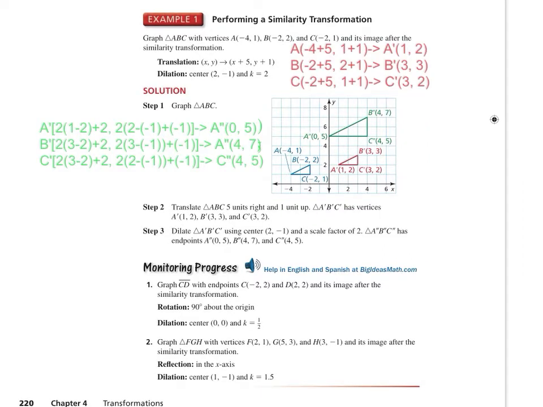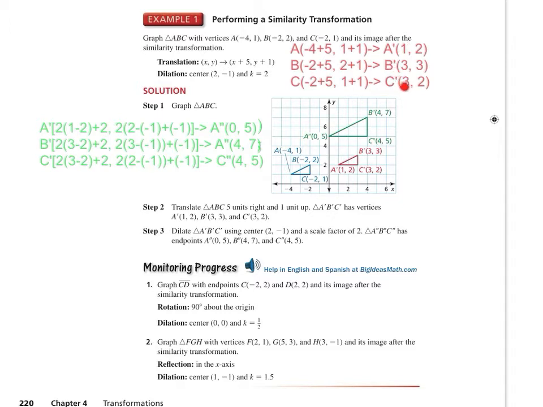Okay, so let's see what kind of numbers, when we plug them into our two different rules, will result in our images. So we've got our pre-image A, B, C. The first transformation will be a translation of 5 to the right, so we add plus 5 to every x value of vertex ABC, and add 1 to every y value for the pre-image of triangle ABC, resulting in our image A prime, B prime, C prime locations.